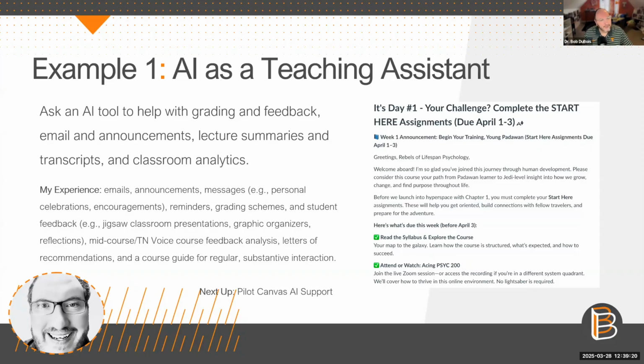Finally, I've used it for letters of recommendation. I write a lot of letters, and I feel like I write really good letters on my own, but it's a lot of work. And so what I did is I created a Google form that requires students who've asked me for a letter of recommendation to help remind me of all the things they've done, the classes they've had with me, etc., the experiences that we've had together, as well as sharing things like their personal statements and their CVs, and then meeting with me.